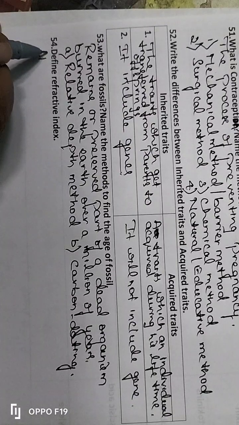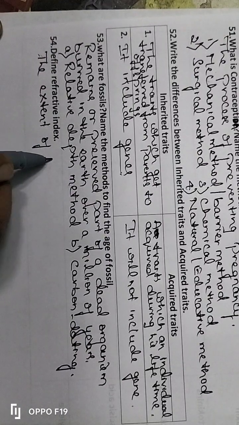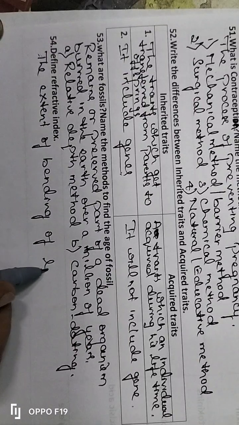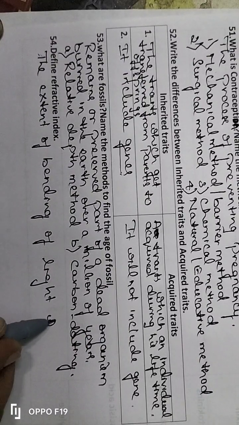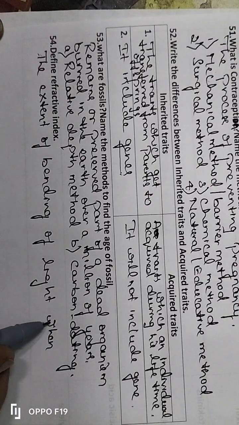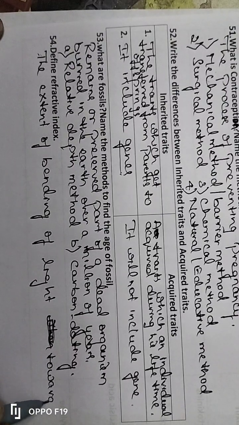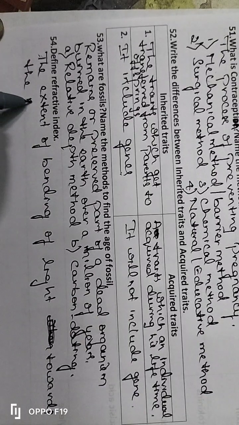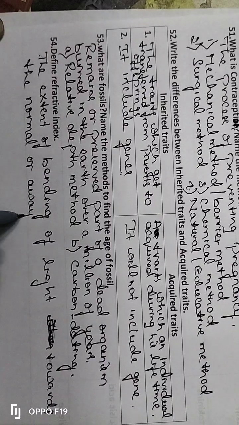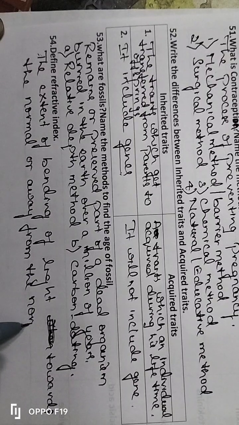So refractive index is defined as the extent of bending of light towards the normal or away from the normal. That is called refractive index.